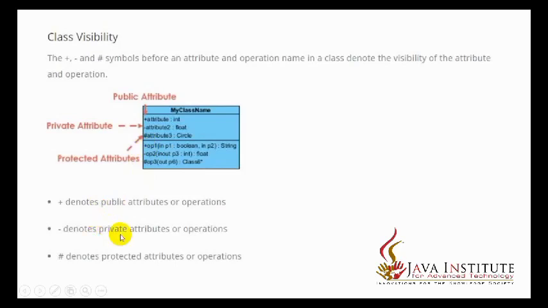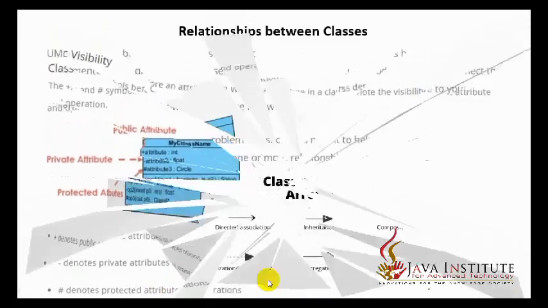Minus is normally used for a private attribute or a private method. The hash symbol is used for protected attributes and, as we know, protected is normally used for methods as well as attributes, so in those situations we can use the hash symbol also.